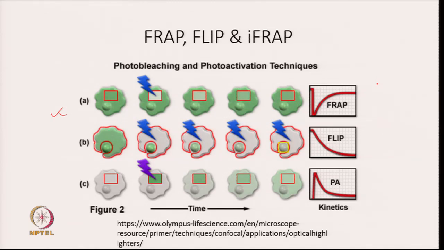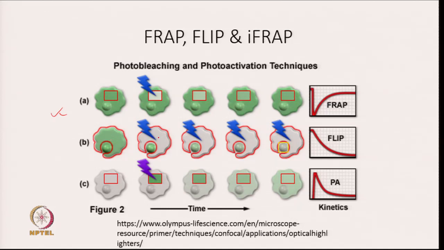The second technique is FLIP, in which you bleach the part which you are not observing. In FRAP you bleach the part which you are observing; here you bleach the part which you are not observing.